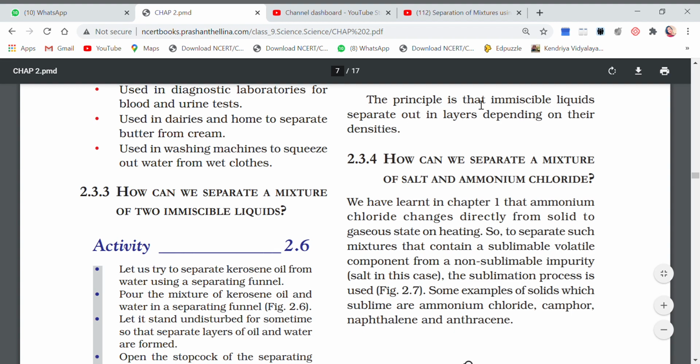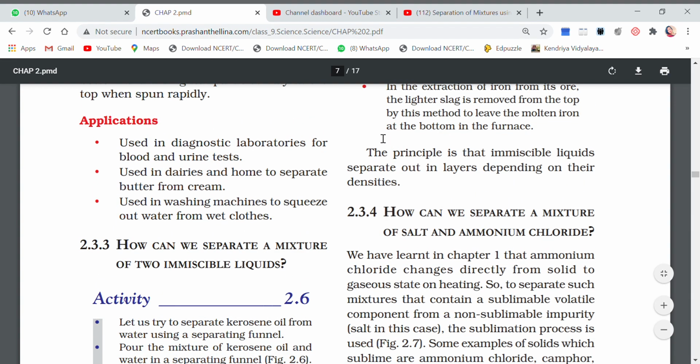So the principle is that immiscible liquids have different densities, and because of those different densities they separate out in layers.